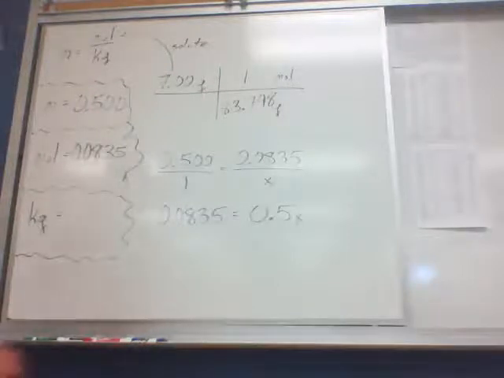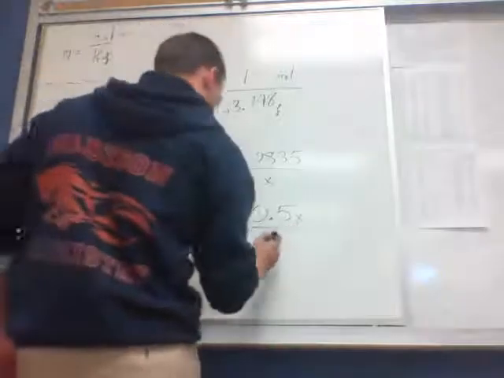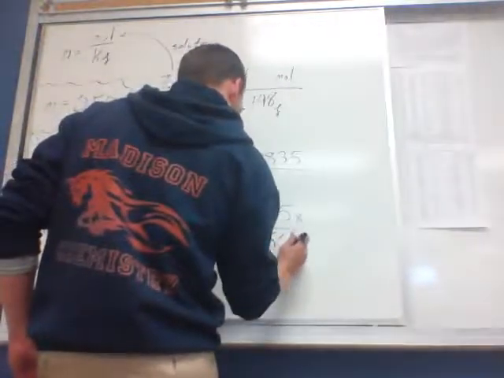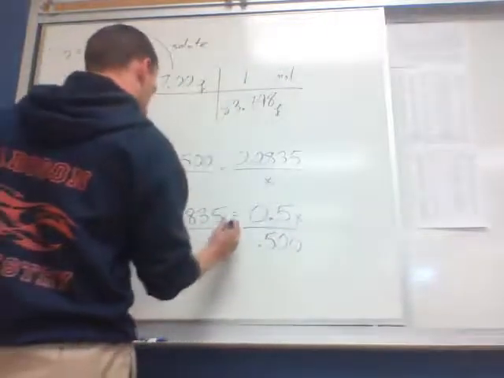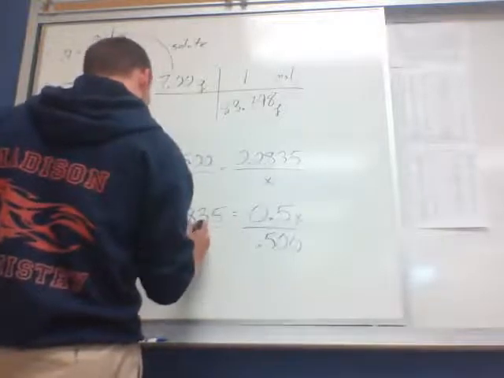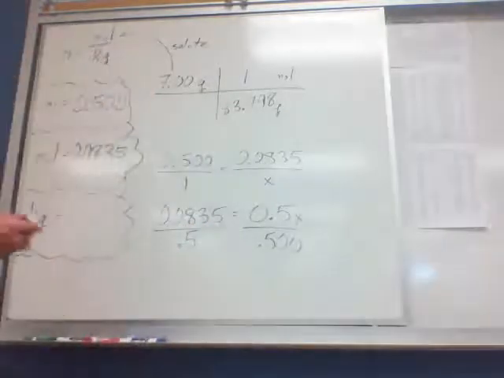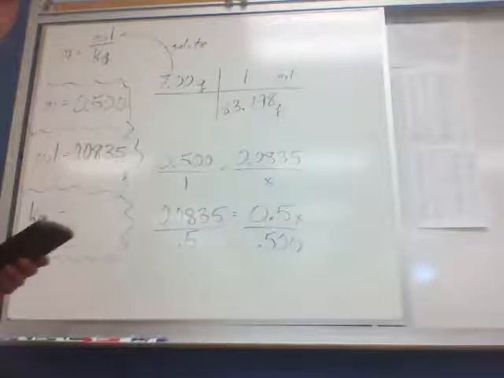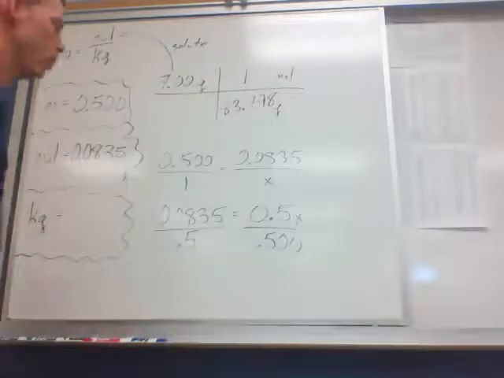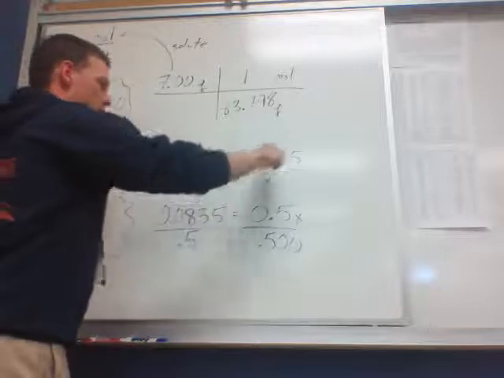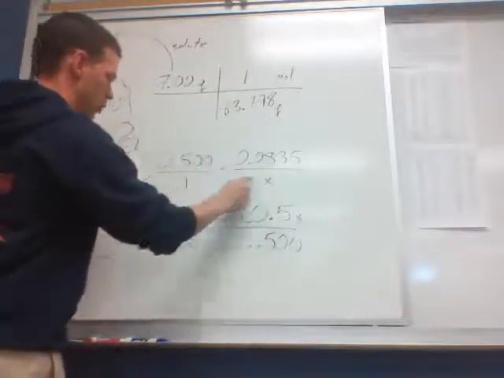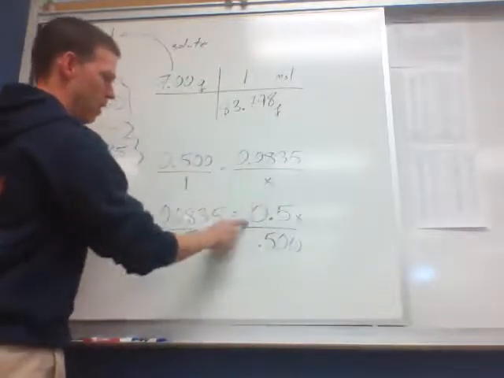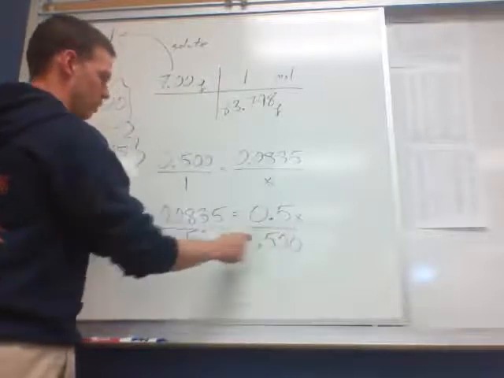Divide by the number connected to the x. Well, there was nothing, so I cross-multiplied. When I cross-multiplied there, I got that. When I cross-multiplied there, I got that. And then I divided by the number connected to the x on both sides.